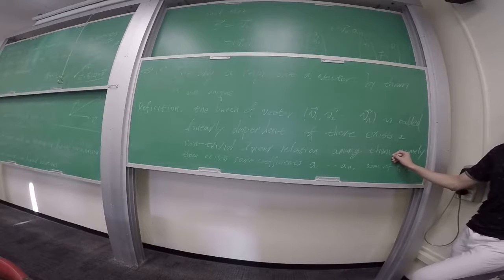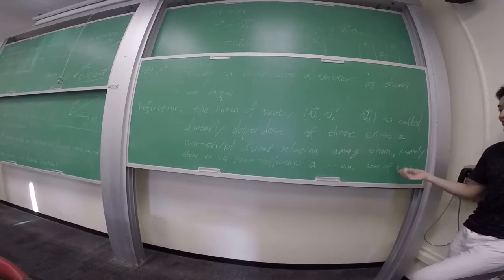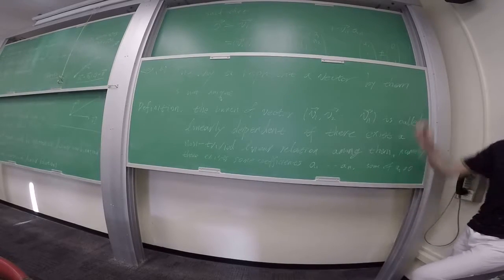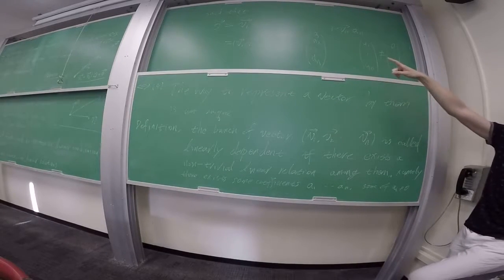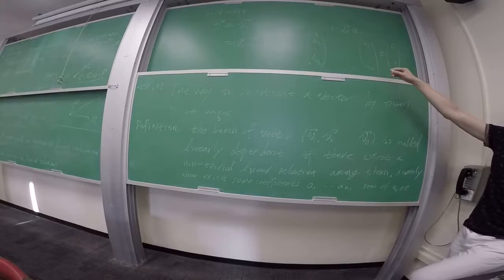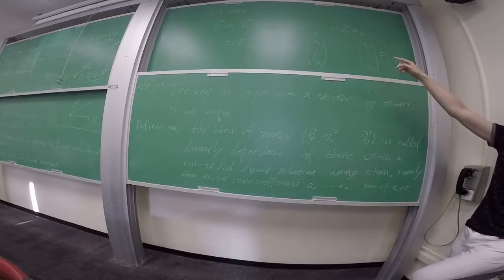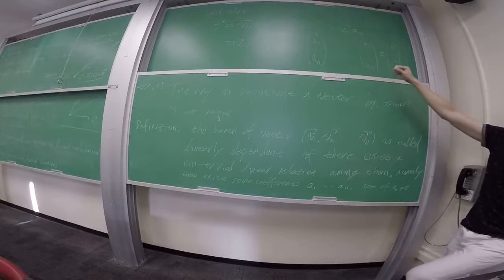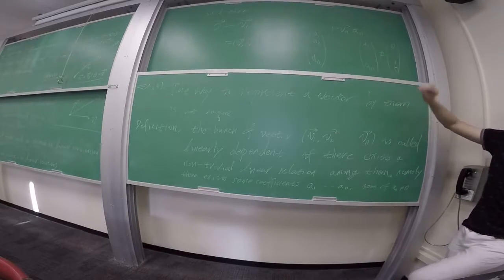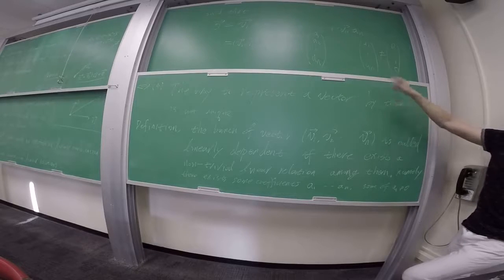So that is the definition, and the following words are an explanation of what a linear relation is, and what so-called non-trivial linear relations are. And these are two different kinds of representations. The first is you simply multiply each vector by a scalar and sum them up. And the second is to use matrix multiplication to denote the linear combinations.